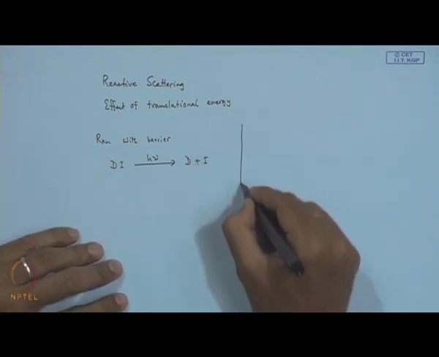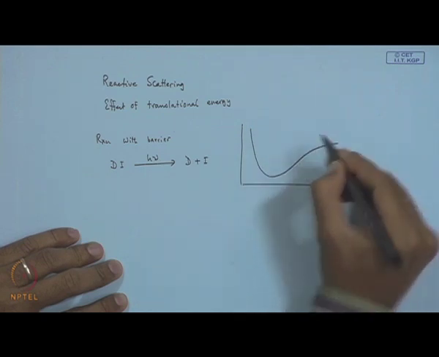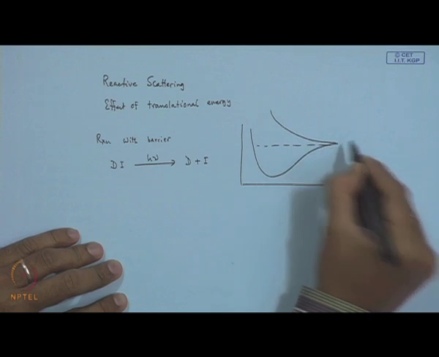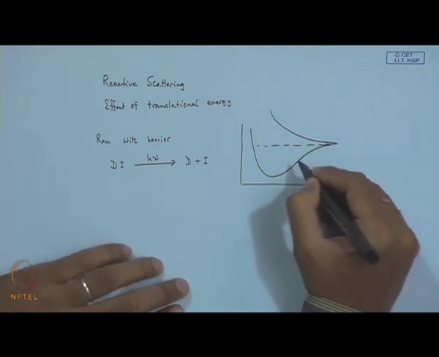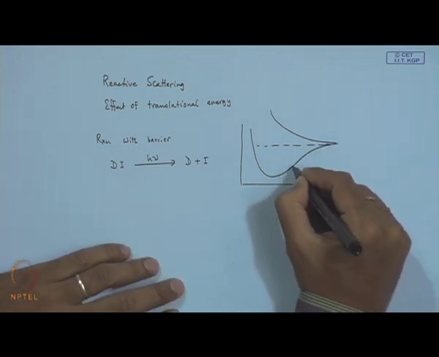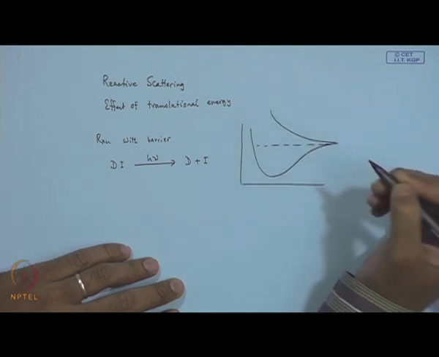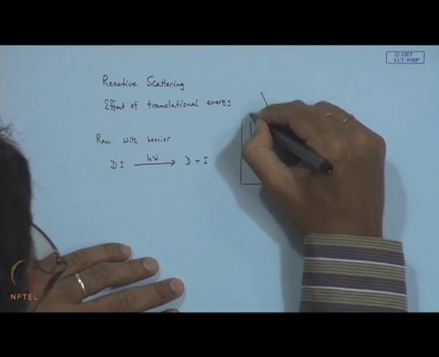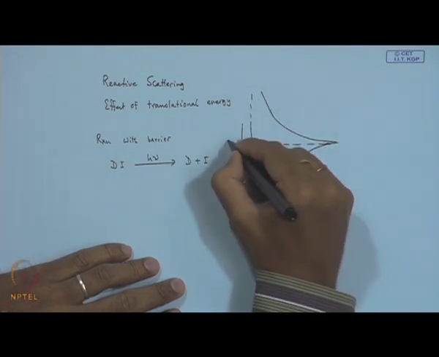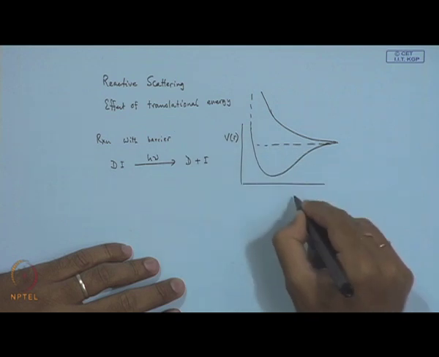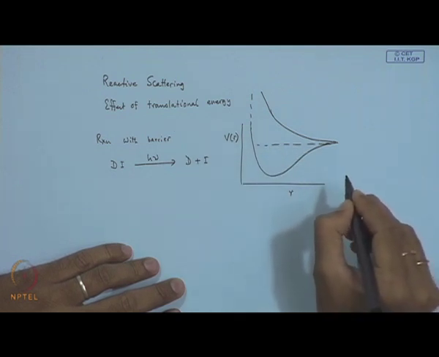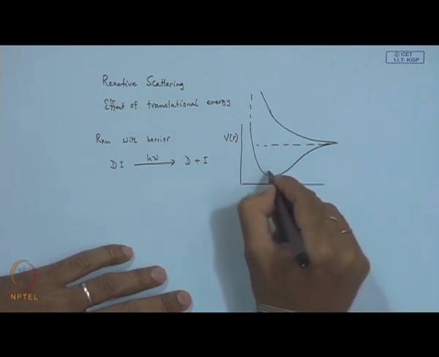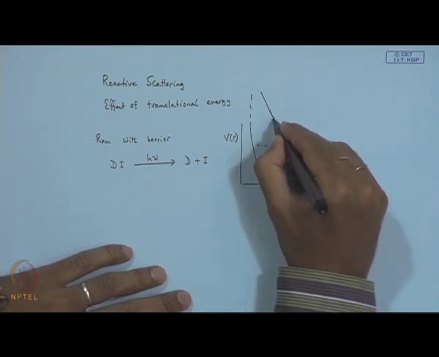So, conservation of energy and momentum is taking place. If you plot this like this, this is your ground state, this is your excited state. This one is repulsive and this one is attractive. So, V(R) versus R. You excite from here to here.